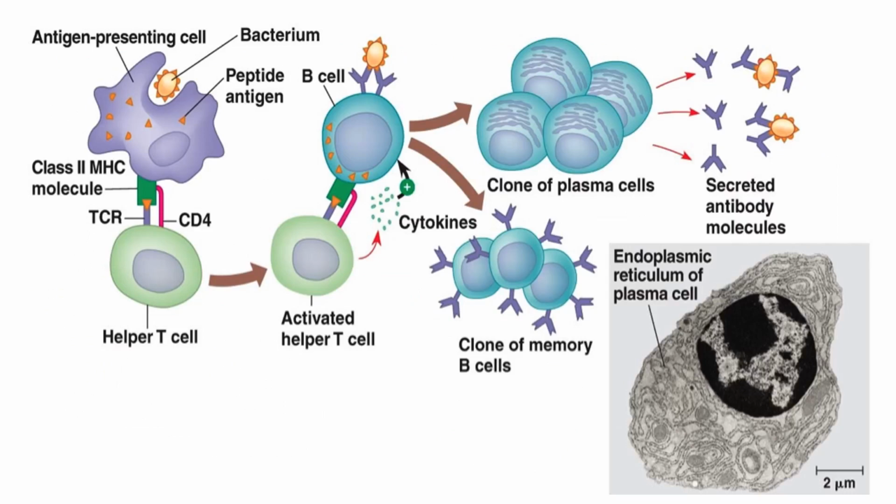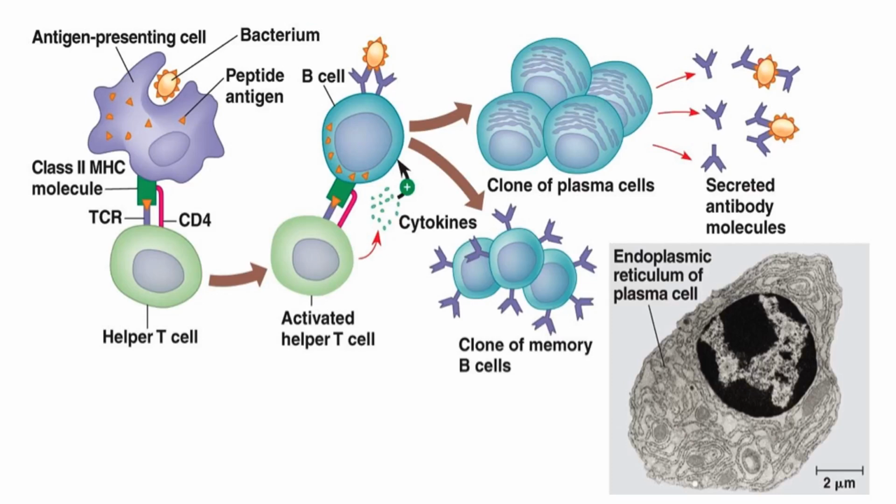Now the MHC class 2 molecule containing the peptide binds with the CD4 receptor of T helper cells. T helper cells, when activated, produce the cytokines. These cytokines activate the B cells. The B cells, once activated, lead to the production of clones of plasma cells and memory cells.